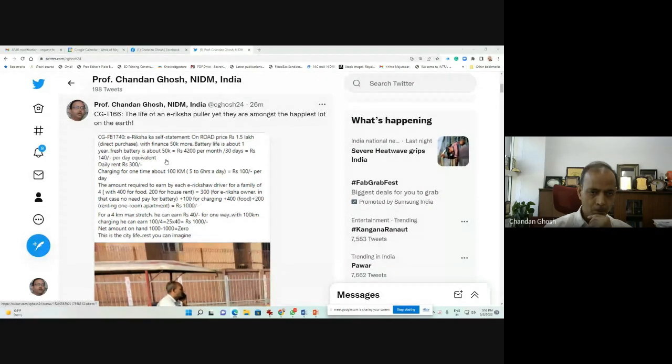You can calculate. If he is not having a rickshaw on his own, which is quite unlikely, they cannot own a rickshaw. Then if he is going to own, he has to invest 50,000-60,000 extra to pay to those dark colored, white colored financiers. Let us not use any word.